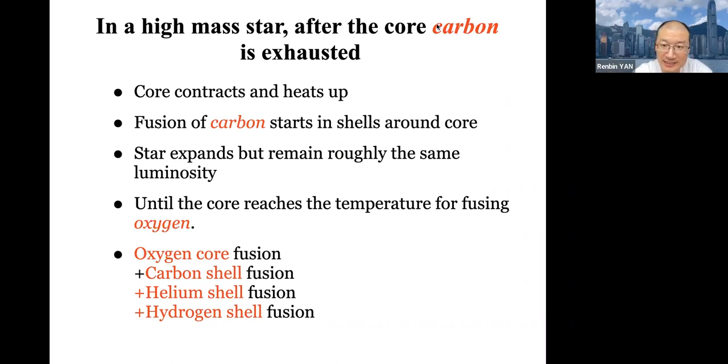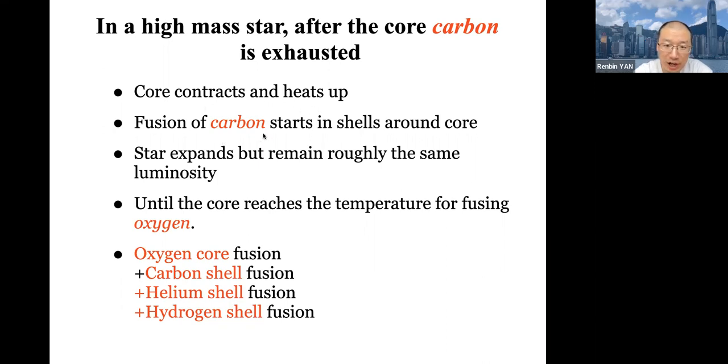And then the next thing is that you just replace these red words in this process. Now you exhaust carbon in the core, and the core contracts and heats up.